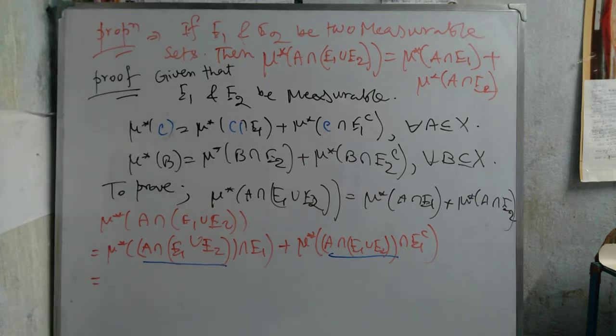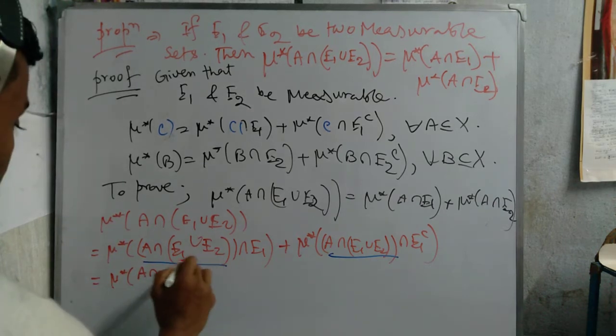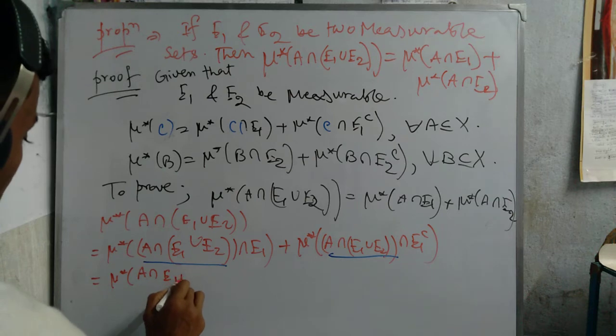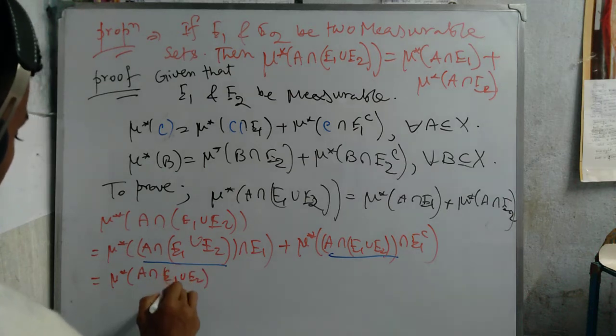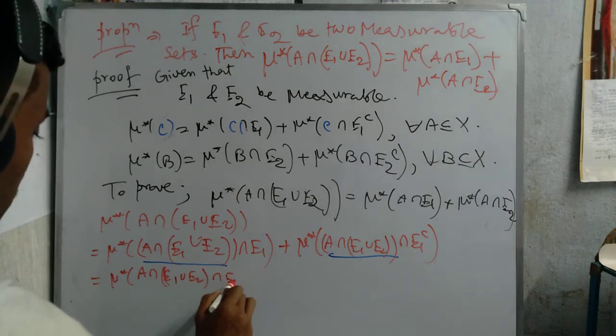What do I get from here? I get this equal to mu star of A intersection (E1 union E2) intersection E1.